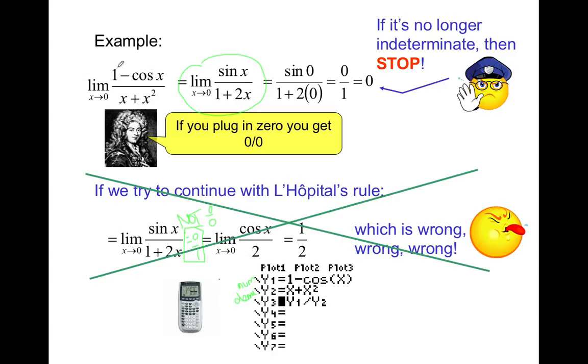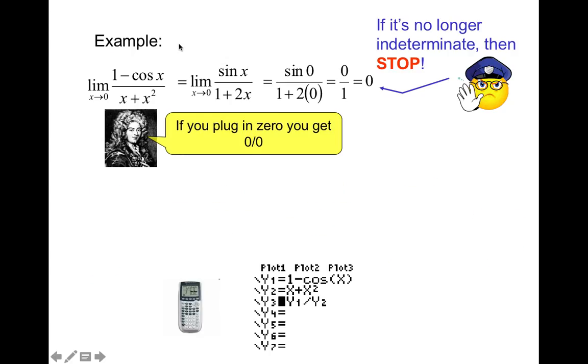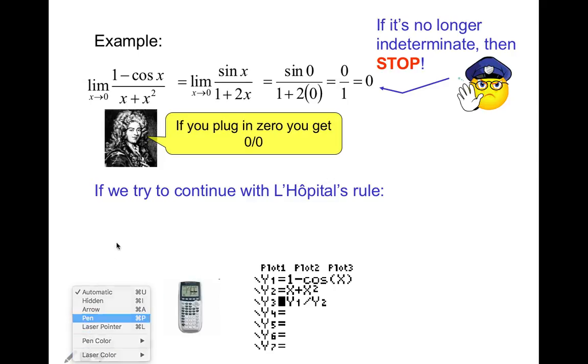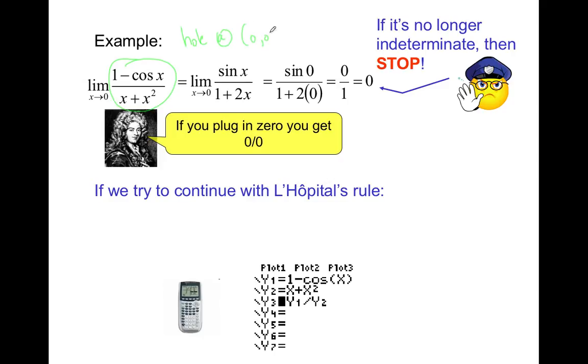This function has a hole at 0, 0. And as you approach 0 from the left and from the right, the function values aren't 0, but they're close to 0 on both sides.